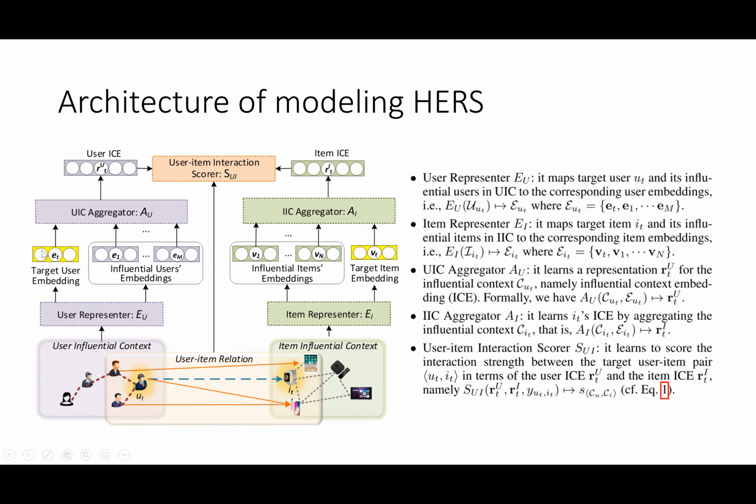With them, we can aggregate them into a user representation by considering interactions with items. Similarly, we can do that for the item representation, as well as the item's influential context embedding, and aggregate to model their high-level interaction over this low-level relationship.